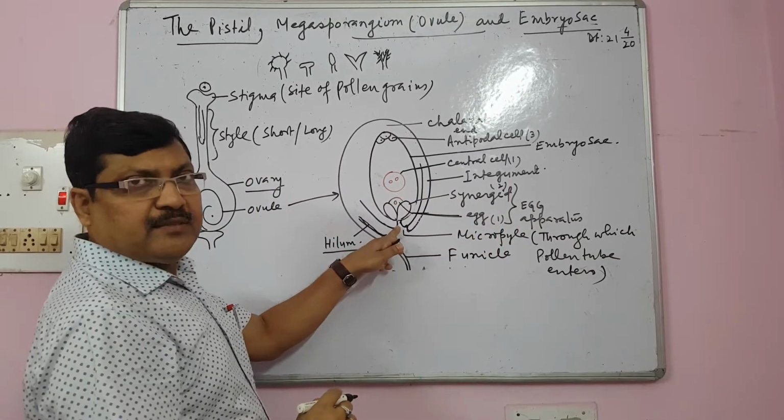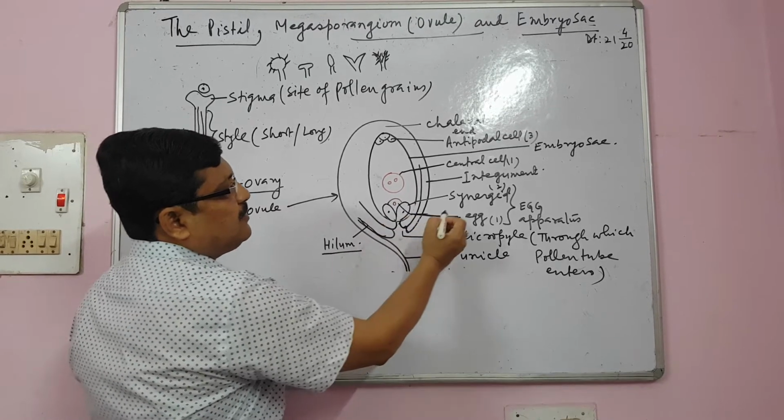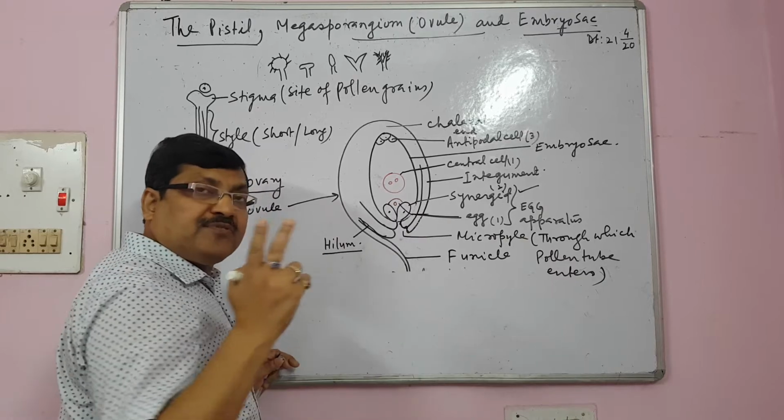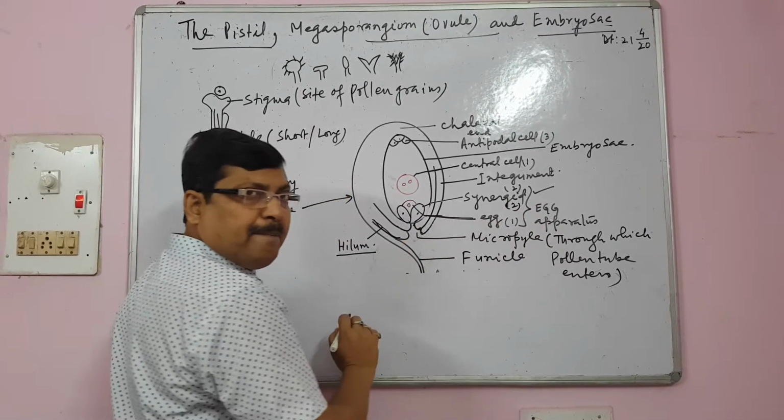When the pollen tube enters, firstly it will penetrate the synergid. The number of synergid cells is 2.